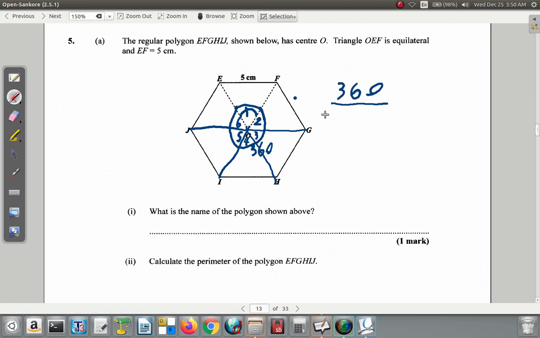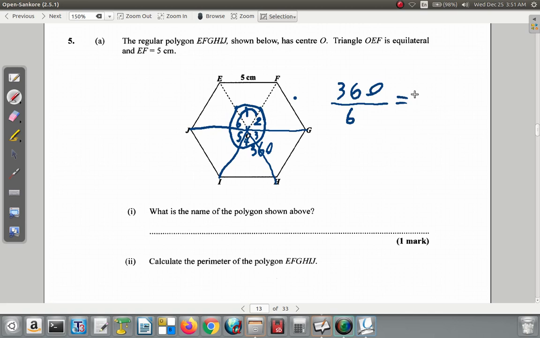This big 360 degrees has been cut into 6 equal parts. So you're finding out how many 6s are there in 360, and that will be the size of each angle. That would be the size of each slice of the 360. Alright, so how many 6s are there in 360?